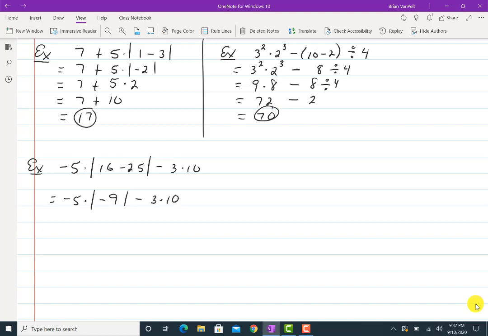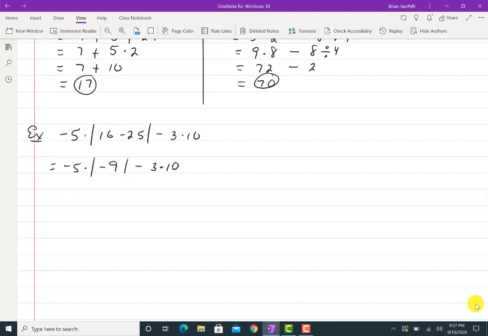Now the absolute value is not done quite yet. Let me do it in the next step. Negative 5 times positive 9 minus 3 times 10. And now I'll go ahead and do the multiplications. I'll get negative 45 minus 30.